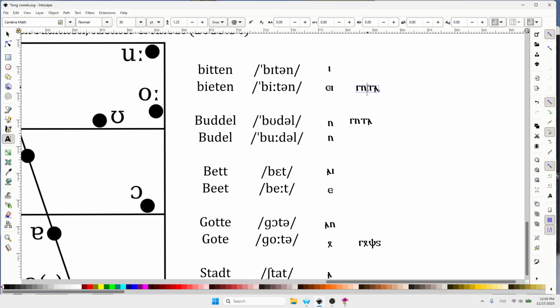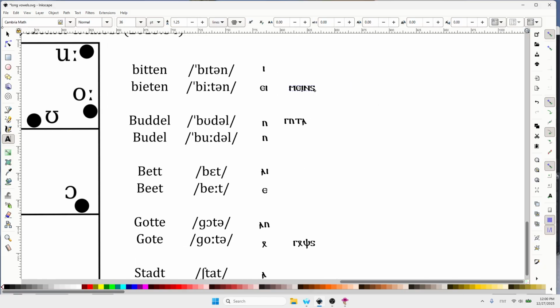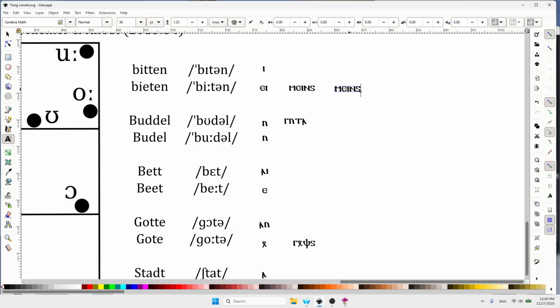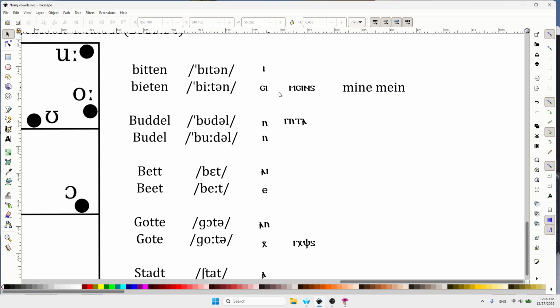For example, you have the word meins, which corresponds to German and English mine. Das ist mein. That's mine. Both German and English have this diphthong, whereas in Gothic it's a monophthong.